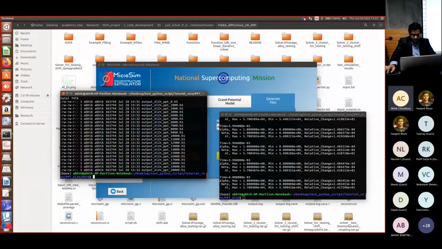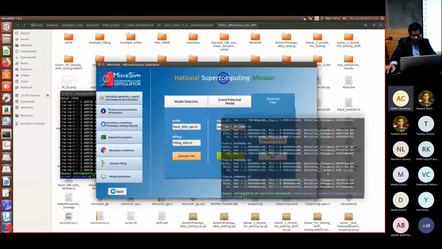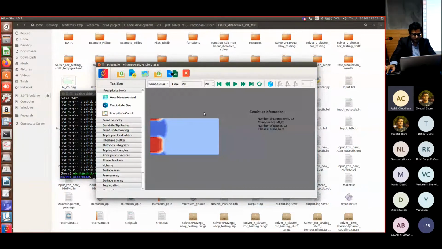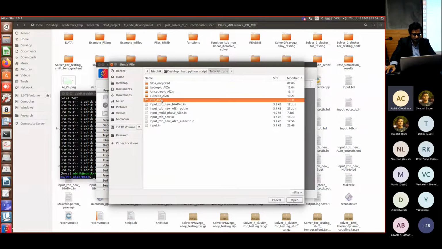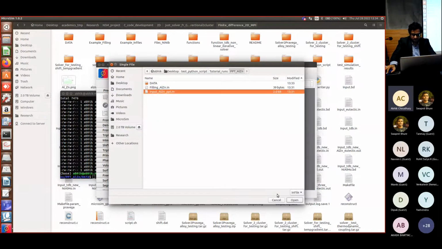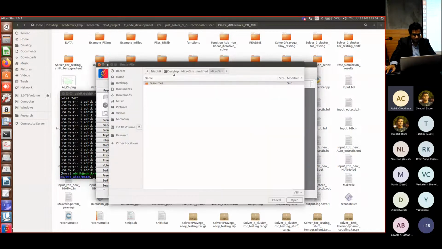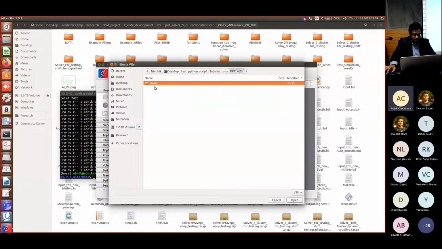So we'll just go back and do the same thing that we did before. We'll just close this and the MicroSim tool. We'll start a new one. Oh, sorry.